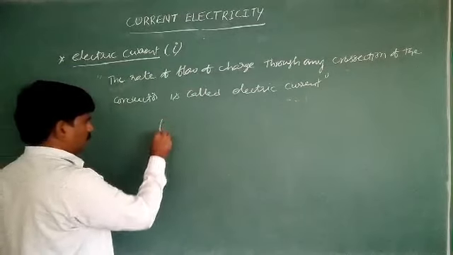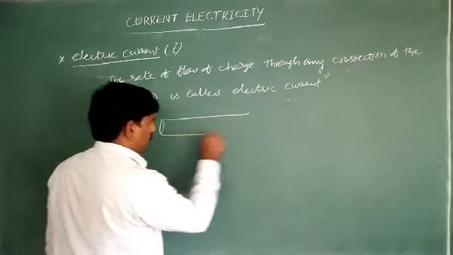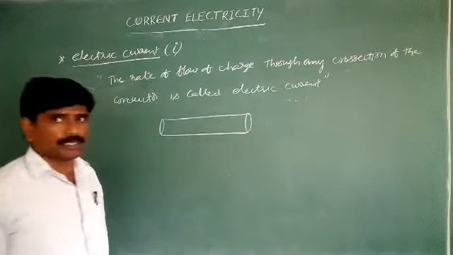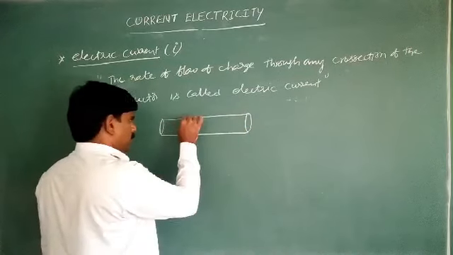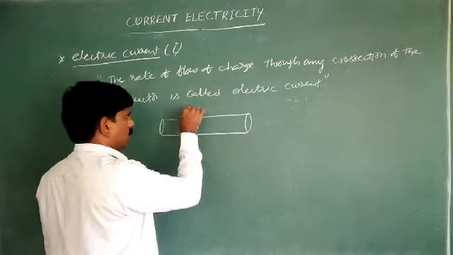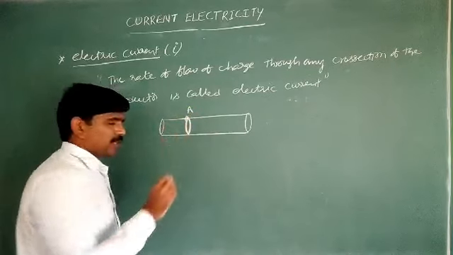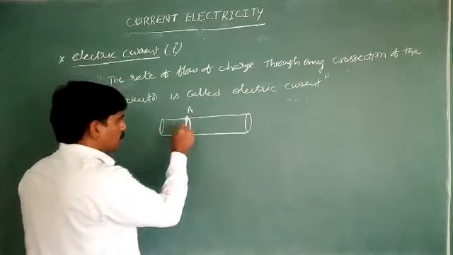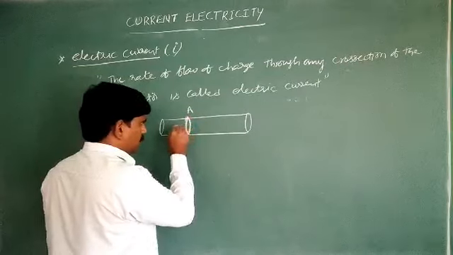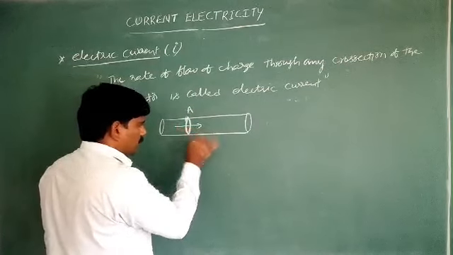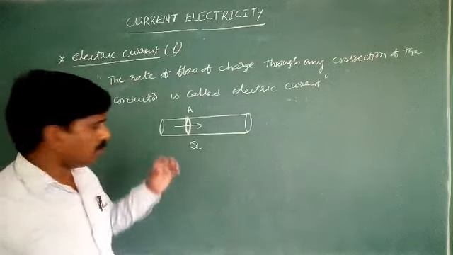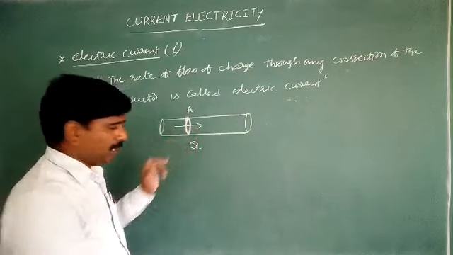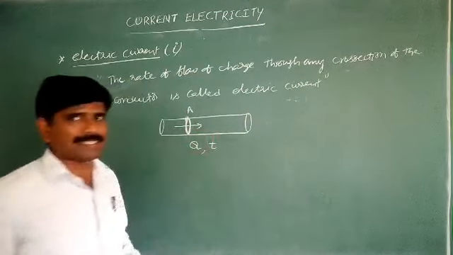Try to observe here. I am taking this one conductor, and this is the cross section, where A is the area of the cross section of the conductor. Across this cross sectional area, capital Q is the charge passing in a time interval of t seconds.